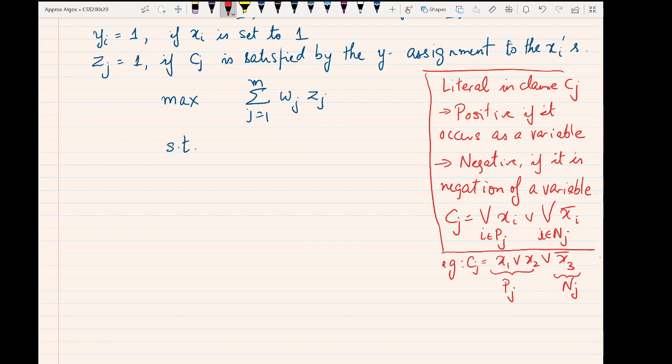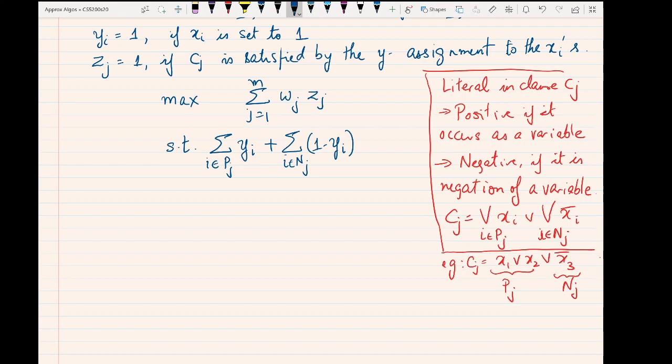Okay, so using this notation, we can write down the constraint for the above problem as the following. If any of the positive literals are set to 1, this sum is at least 1. And a variable occurring as a negative literal in the clause Cj, if it is set to 0, then the corresponding literal is set to 1.